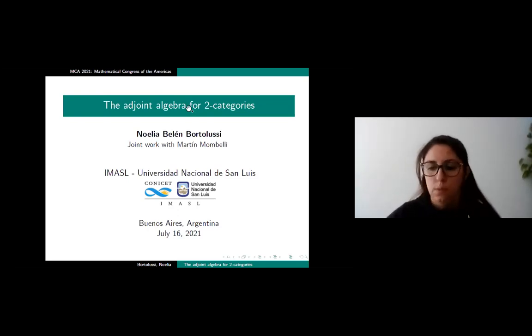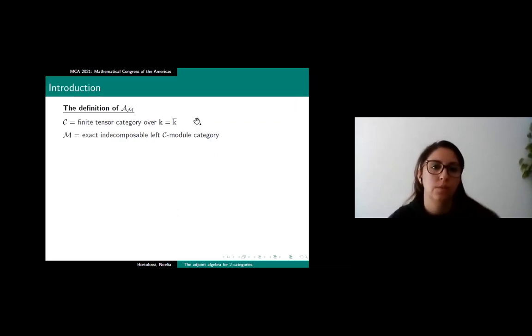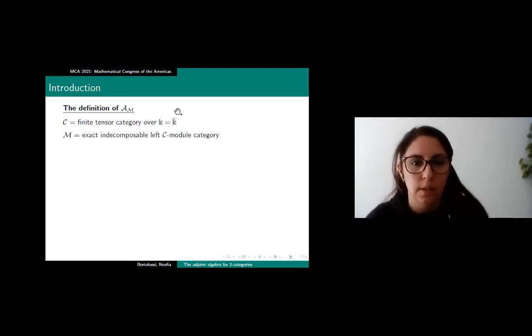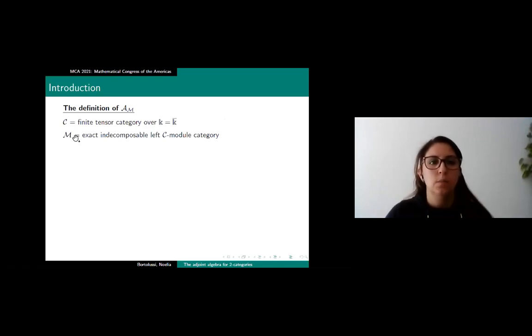So the first thing that I want to show you is the definition of the adjoint algebra for an exact indecomposable C-module category over a finite tensor category. For the whole talk, C will denote a finite tensor category over an algebraically closed field, and M will be an exact indecomposable left C-module category.